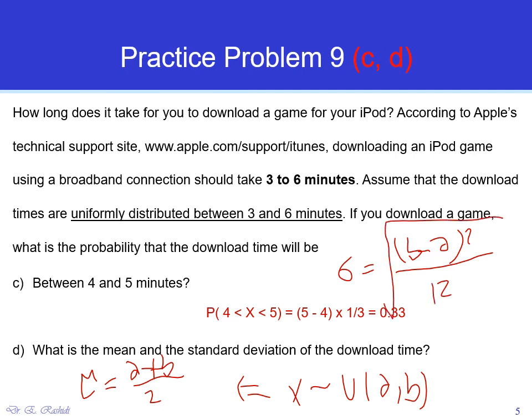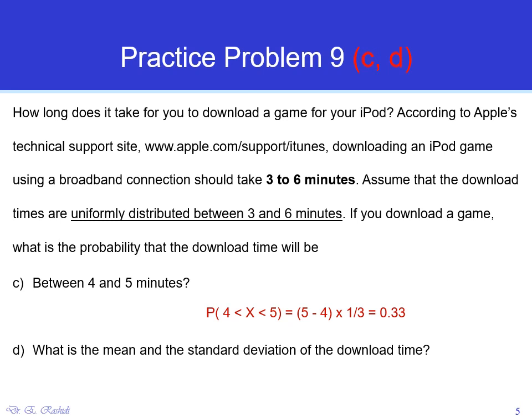Here B is 6 and A is 3. So we're just going to plug in the values. So the mean is 3 plus 6 divided by 2, which is 4.5. So the expected or the average download time is 4.5 minutes, and the standard deviation is 0.87 minutes.